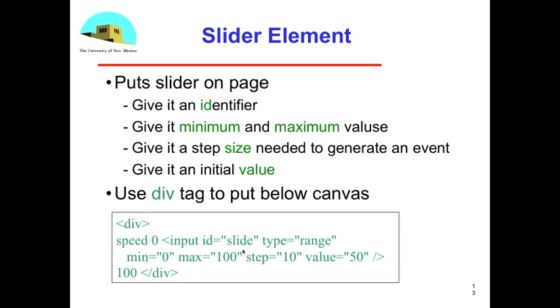Again, I give it an ID so I can refer to it in the JavaScript code. The type is called a range element in HTML, and it has variables, the minimum, the maximum, which I set, and the step size, which I'm going to set as being 10. So I have sort of 10 values that I can put in, and I'm going to start the slider off in the middle. Okay, so it's pretty straightforward to put sliders up, and we'll see examples later when we do 3D where we have lots of sliders to control all kinds of different things.